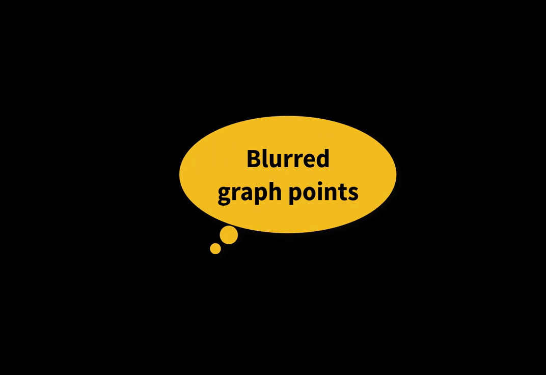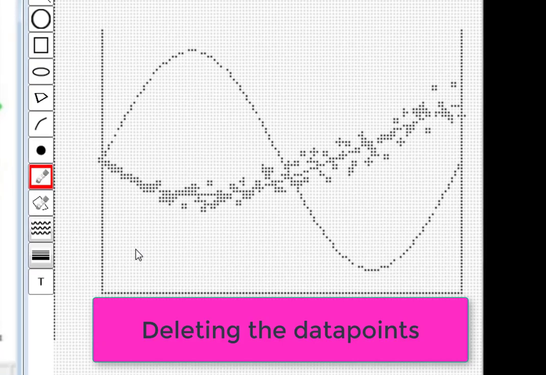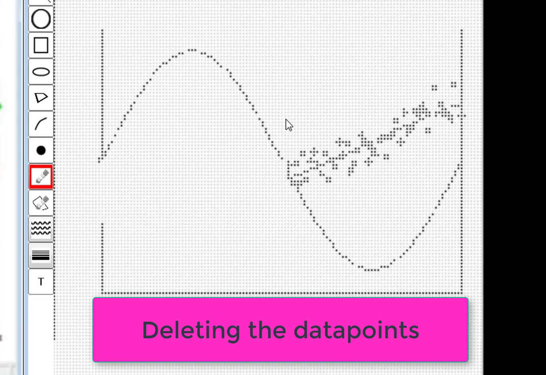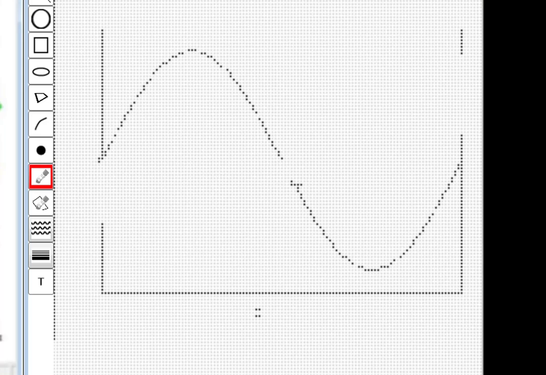The next issue is the blurred graph points. Depending on how accurate your data points have to be, you might have to come through and erase, using the eraser tool, all the data points that are on the screen, like this. And then you're going to have to hand draw the dots and the line here.